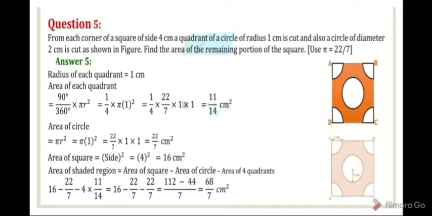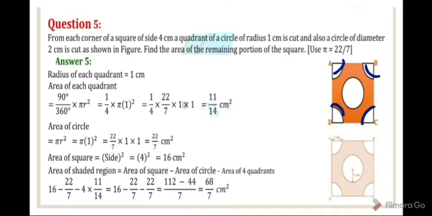What is given? Given that ABCD is a square where the sides are 4 cm, and from each corner one quadrant is cut, with radius 1 cm.